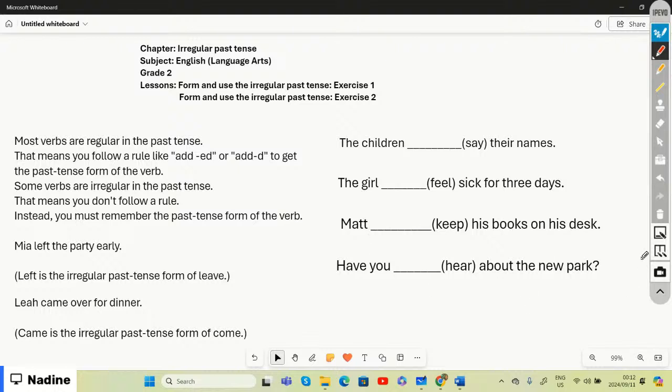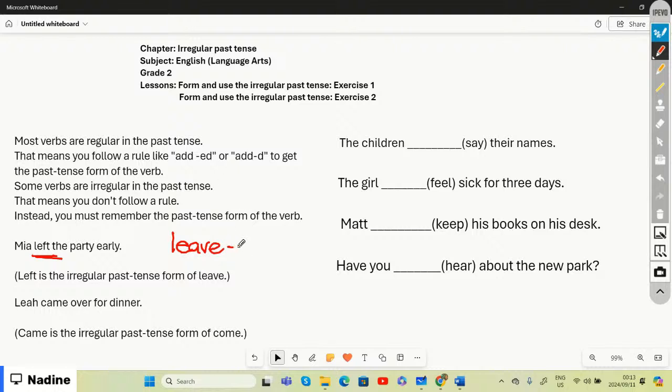Now we're going to look at a few examples of irregular past tense. It says, Mia left the party early. This word left is the past tense form of leave. I can say, I'm leaving, I leave the party now.